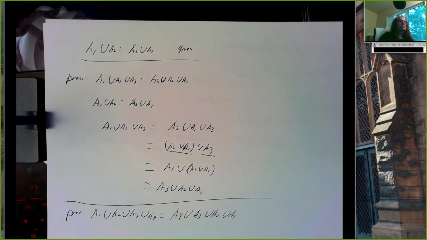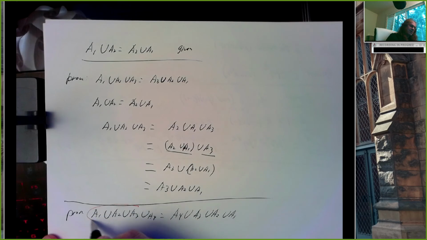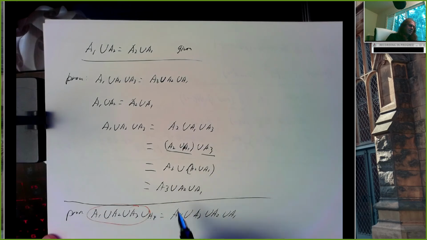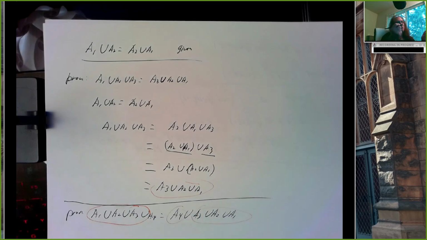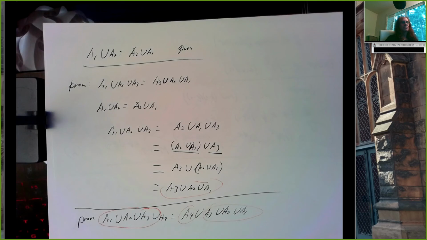I could do exactly the same thing, right? I could use this previous result to say that this is the same thing as this. And so this thing unioned A4 would be the same thing as A4 unioned with that thing. And it's a couple of lines of exactly what I did here, and I can prove this.